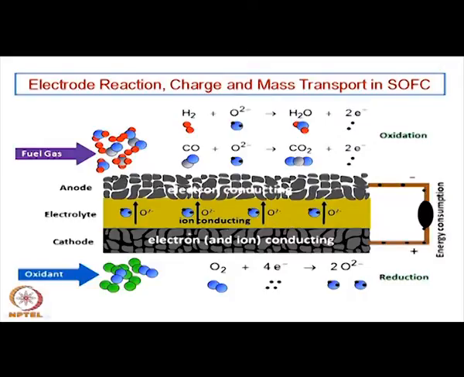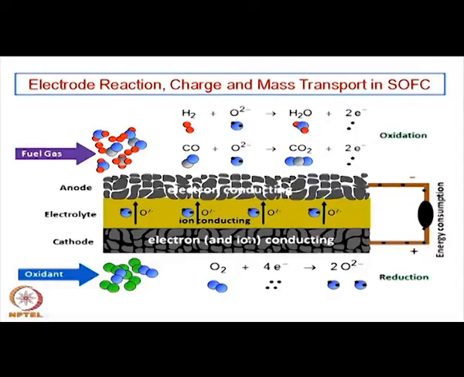So, once the oxygen gets ionized, this material, the electrolyte is specifically an oxygen ion conductor. So, because there will be a potential difference, there will be high oxygen potential on this side and there is a low oxygen potential on the other side, because the fuel has a reducing condition, low oxygen potential.